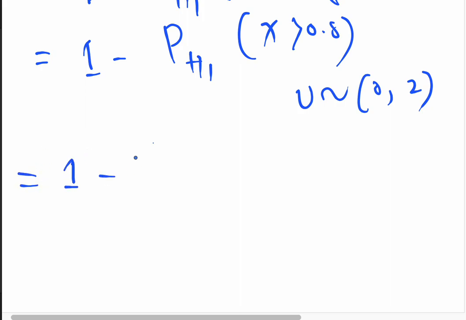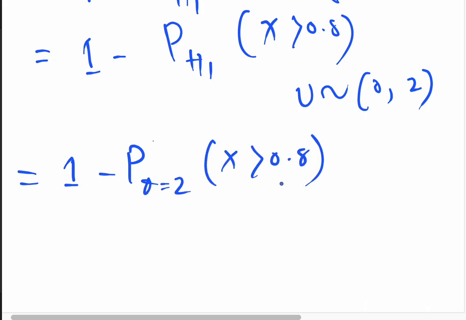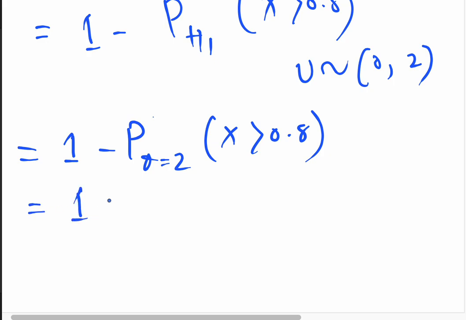So 1 minus the probability that under theta equal to 2, x is greater than 0.8. That means under theta equal to 2, this will be 1 minus 2 minus 0.8 by 2 minus 0.